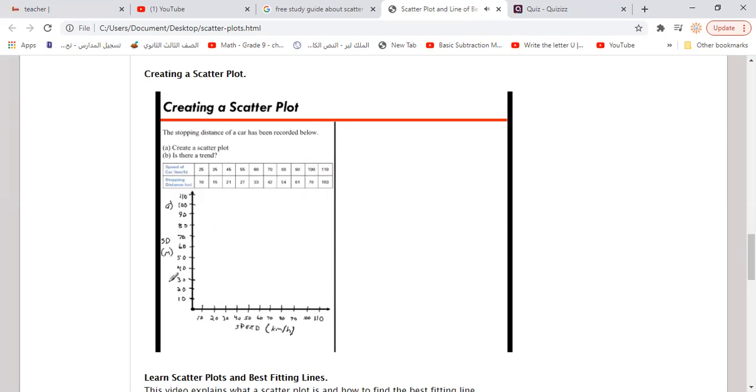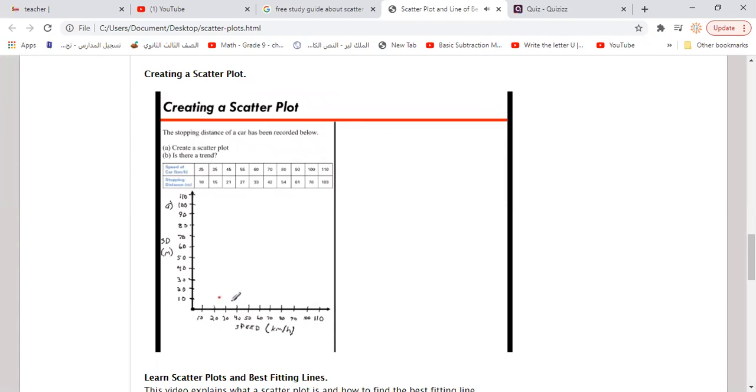Now comes the fun part. We start actually plotting our points on the scatter plot. The very first point has an x value of 25 and a y value of 10. Let's go back to the graph and find 25 right about here on the x-axis, the speed, and the stopping distance is 10. So I go up until I've reached 10 on the y-axis, and I draw my first point.